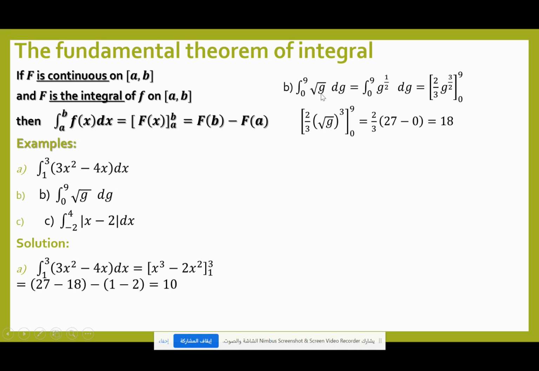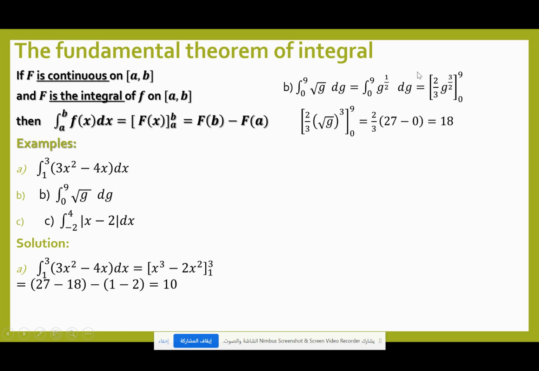It should be in terms of the same letter to be able to be integrated. Now we change the square root to the power one half. Now add 1 according to principle number 1. You will get 3 over 2. Then divide by the same, which is 3 over 2.